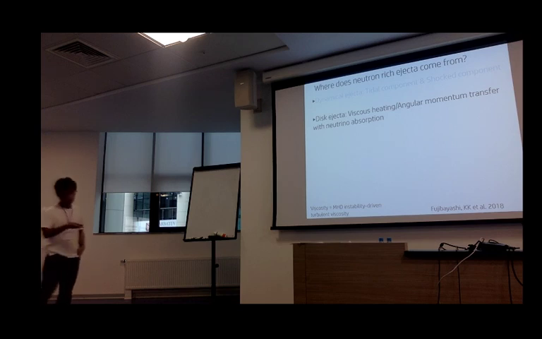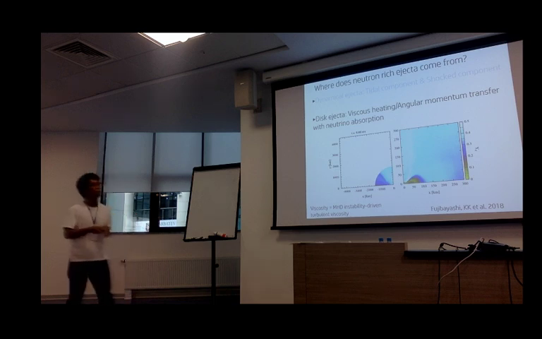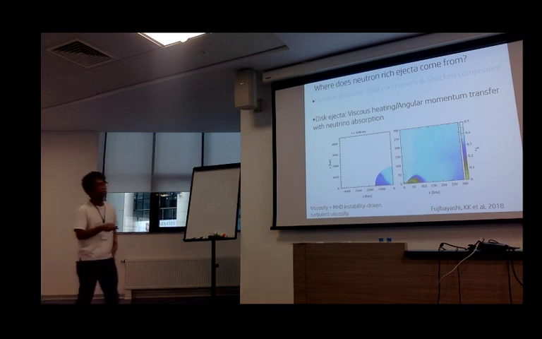Here is one example of a two-dimensional simulation. This is the orbital meridian plane of the merger remnant, from a two-dimensional viscous radiation neutrino simulation. Here is a remnant massive neutron star, and you have a disk.